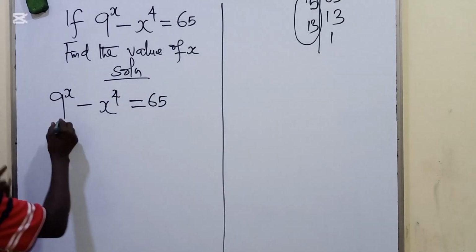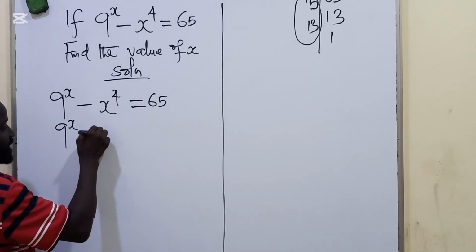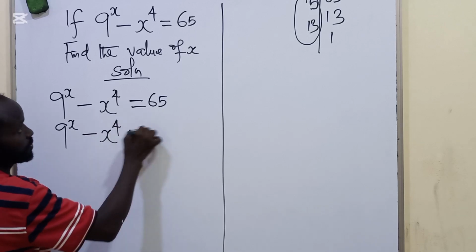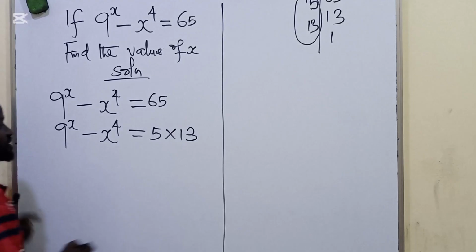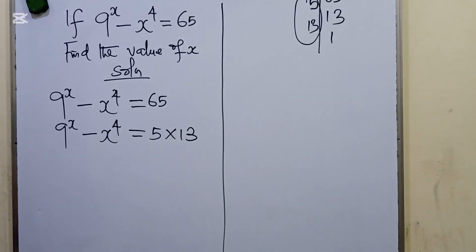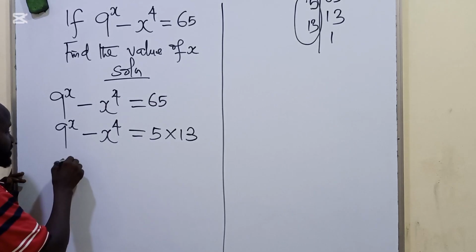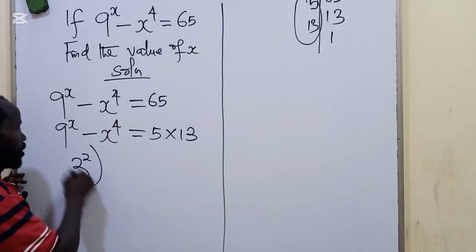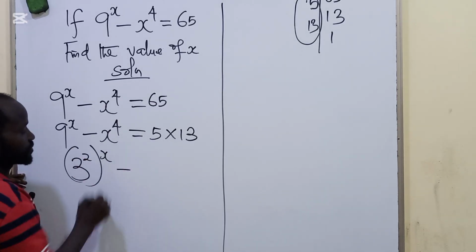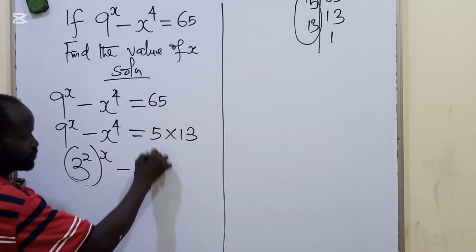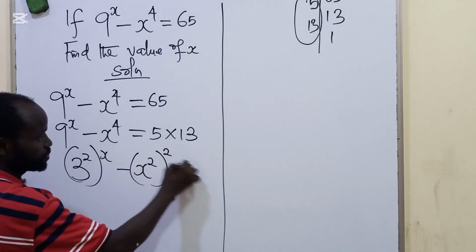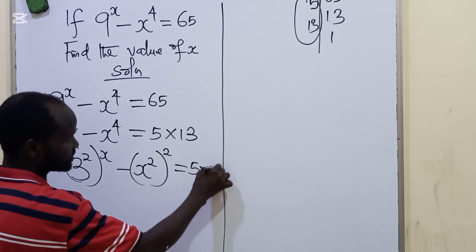We can write this as 9^x − x^4 = 5 multiplied by 13, which is the same thing as 65. Very important. This 9, I can write it as (3^2)^x, minus this x^4, I can write it as (x^2)^2, equal to 5 times 13.